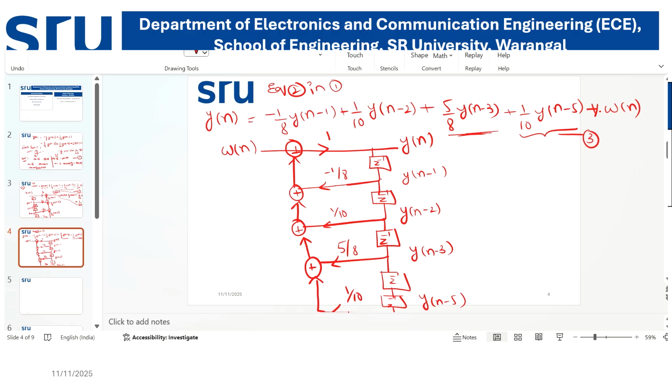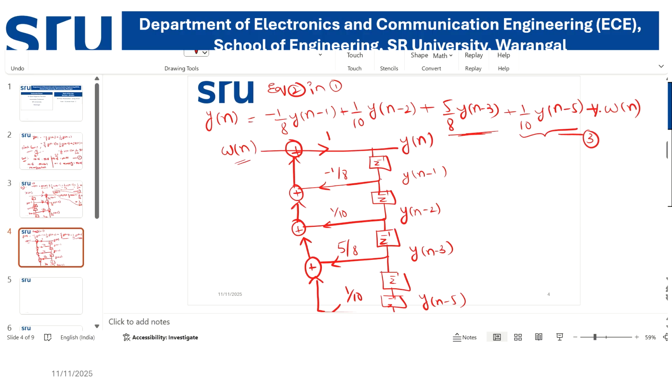Now here also w of n is the input. So input always has to be directed towards the output side. Depending upon the expression, if input is delayed, on the input side you have a delay element. Suppose if output is delayed, on the output side you have delay elements, right? Now this y of n, if you are adding all these multipliers with the adders and the delay elements, you will get the same expression.